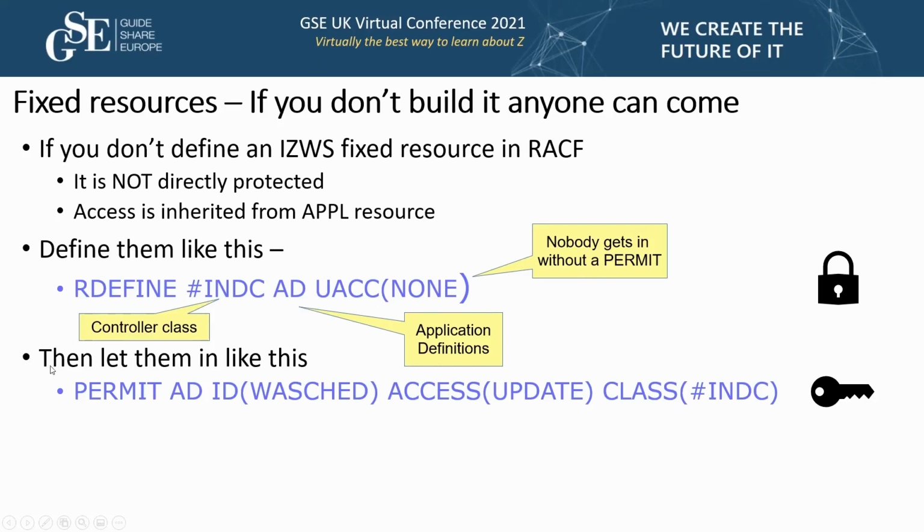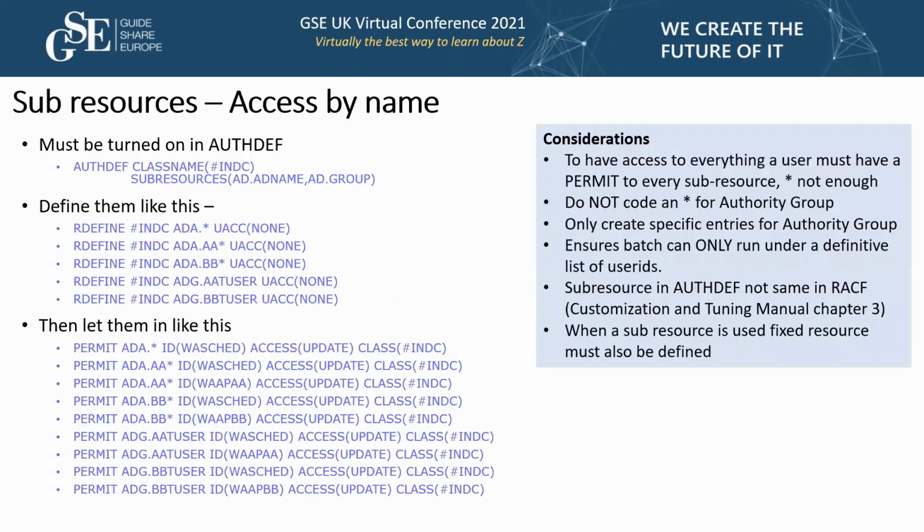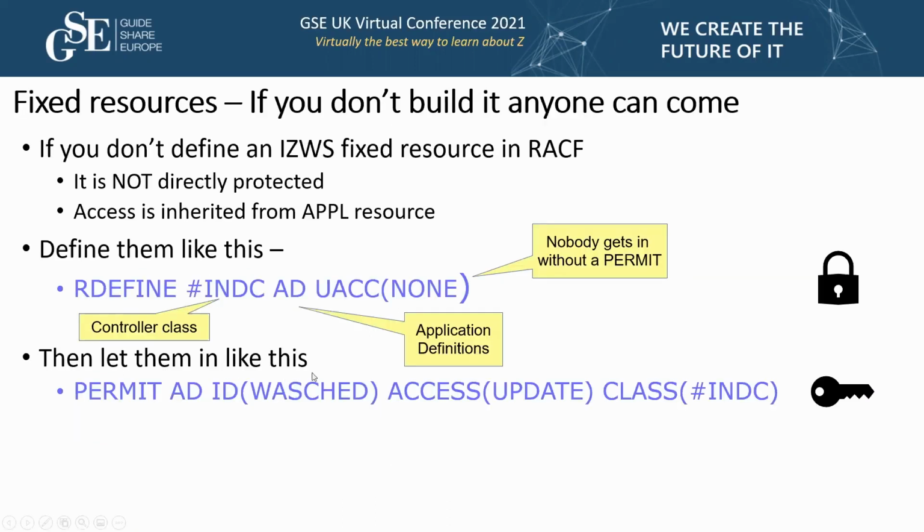And then we let them in with a permit, or however you want to pronounce it. So we permit this ID update access to the controller class that we do it.